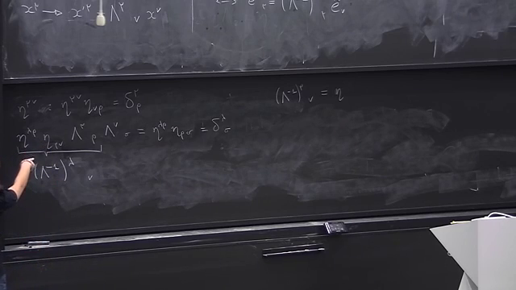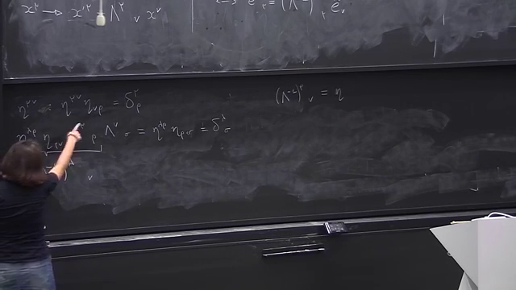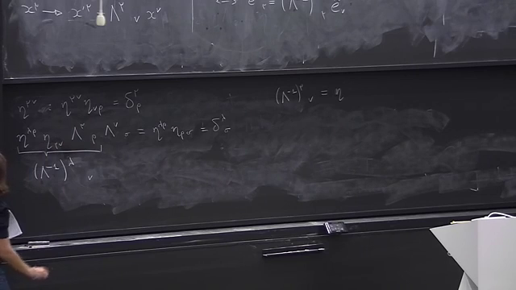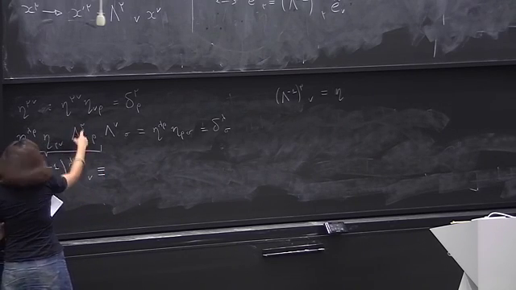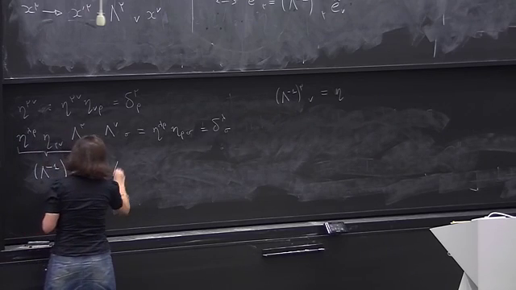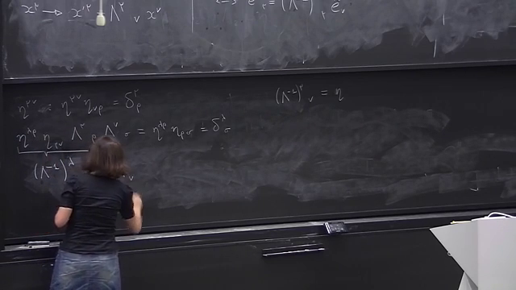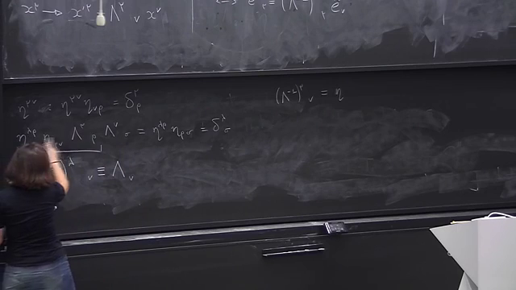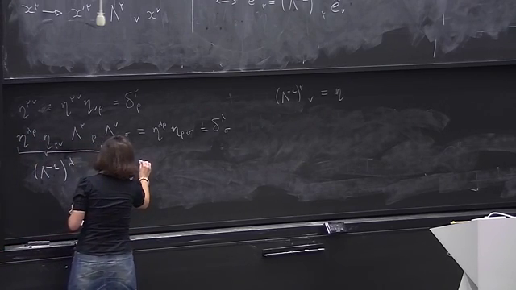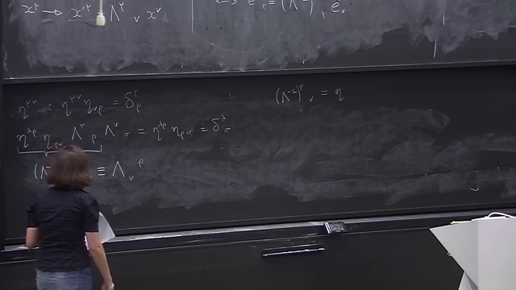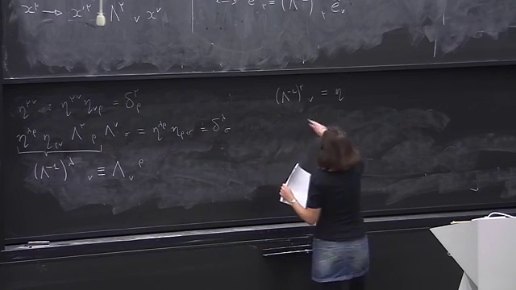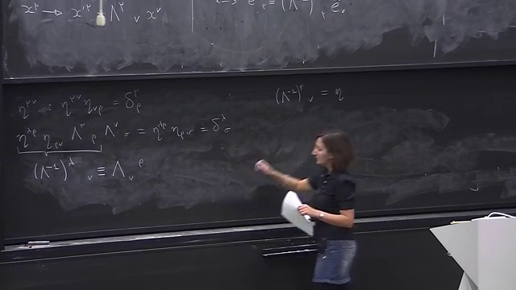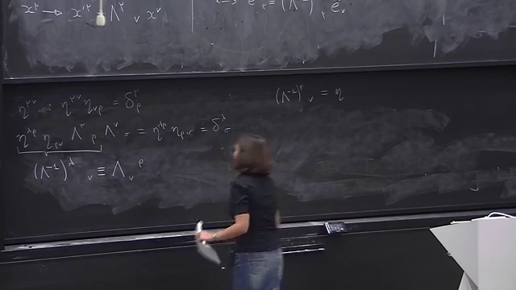And if I use the metric here to raise and lower indices, I would lower the mu index here with this eta, so that would become lambda nu. And I would raise rho with eta lambda rho, so that would be lambda mu rho. And this is all I wanted to write, basically. Let me rewrite it. The inverse of a Lorentz matrix is just the transpose.